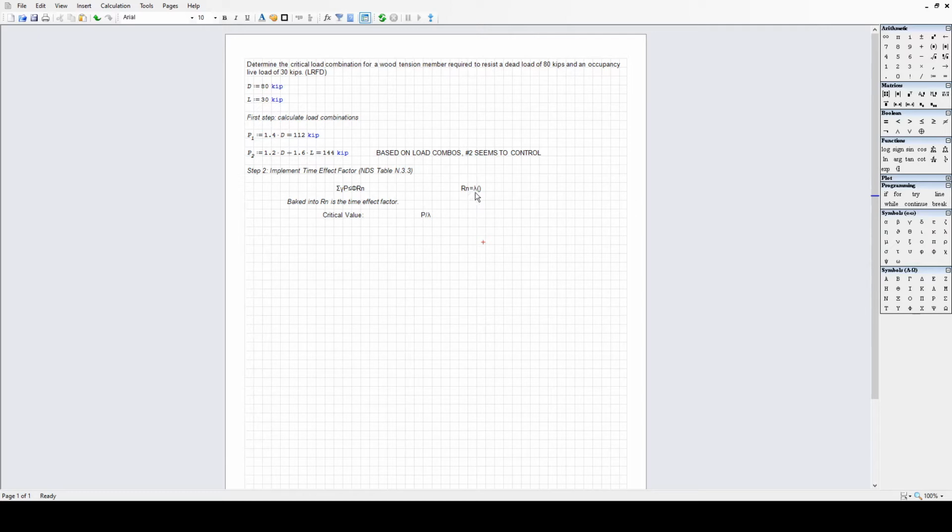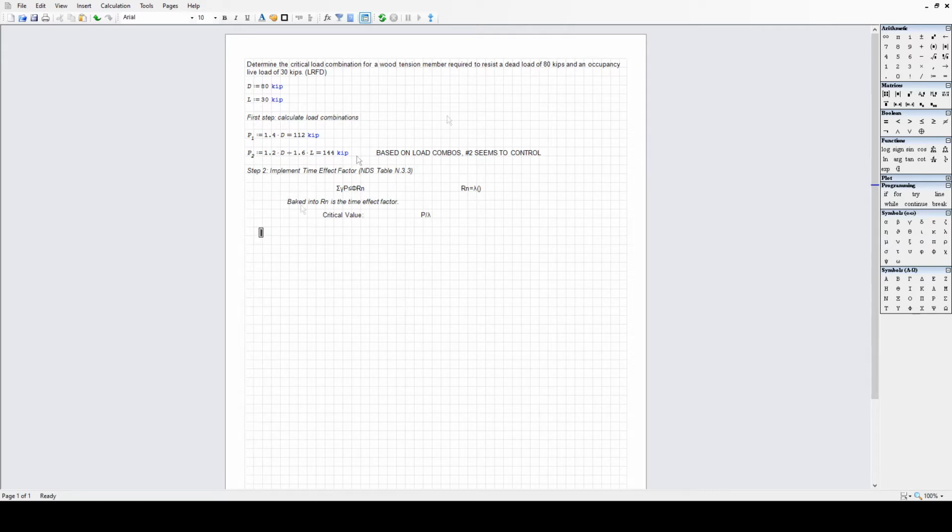Because our lambda factor is multiplied by our resistance, if we want to figure out what load effectively controls, we bring that lambda factor over to the other side, Rn in this case being P. So for each of these, we're now going to calculate a P over lambda value, and the greater one of those is going to actually control the design of this tension member.